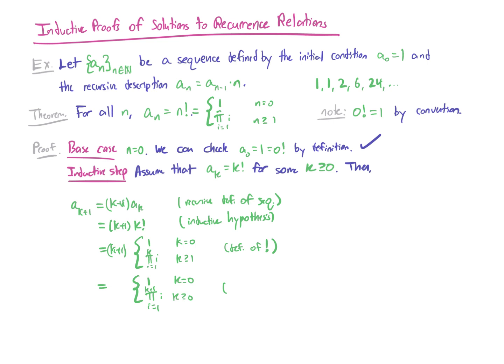So that is algebra. And here what's happened is that I took my k plus 1 and I just folded it into the index of the product up here. Okay, but guess what? This last expression agrees with the definition of k plus 1 factorial.